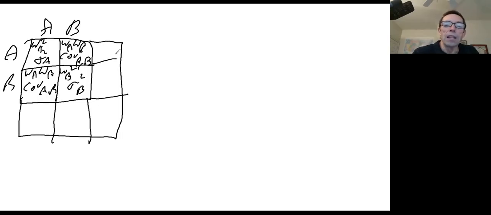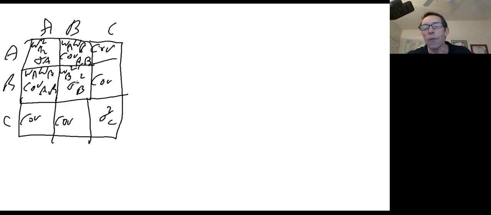Remember, everything on the diagonal is variance cells, so this is going to be the variance of C. This is going to be the covariance between A and C, this is also the covariance between A and C, and these are the covariance between B and C. Now, you're also going to have the weights in there, but I'm going to save myself and you the time of writing all of those in. But we can see now that we have three variance cells and 1, 2, 3, 4, 5, 6 covariance cells.